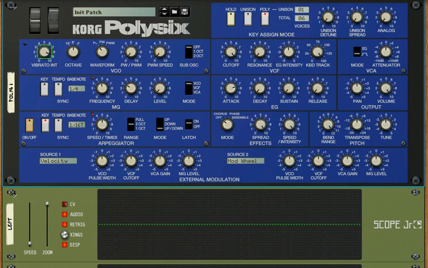It must have been early 1980s when I used to, how old does that make me? You work it out. Korg PolySix. One of the first polyphonic synthesizers I used, back, as I say, in the early 1980s.